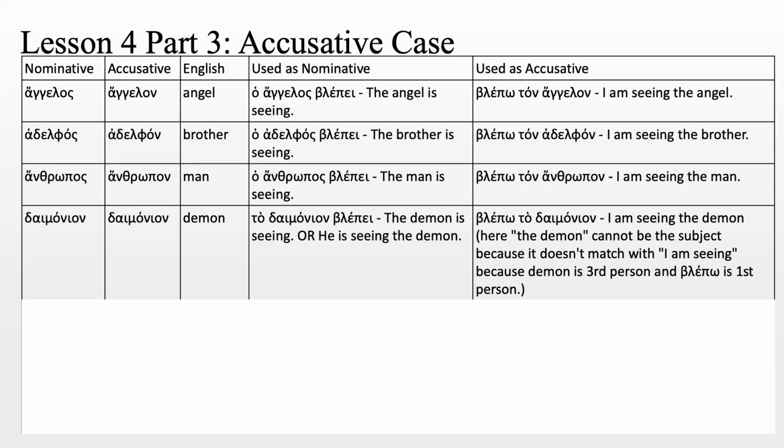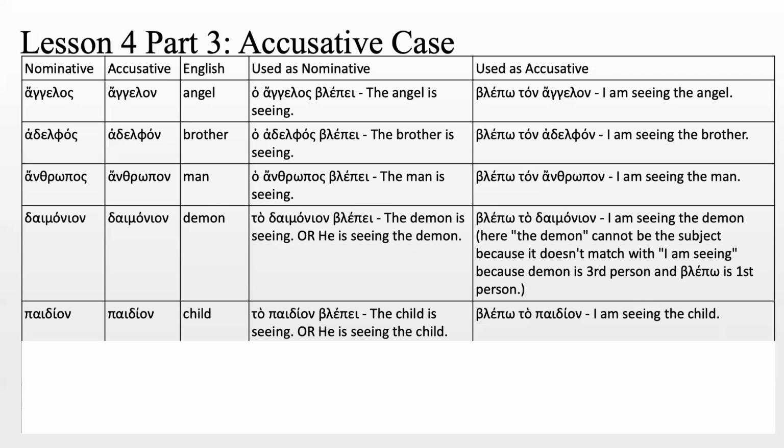If you have a first person or a second person verb, you can't have a noun or a person for the subject except for a pronoun. You could have the first person singular pronoun like I, or the second person singular pronoun like you, which we won't learn for a few lessons. So in this case, it has to be, I am seeing the demon. The demon has to be the direct object because it doesn't match to be the subject.